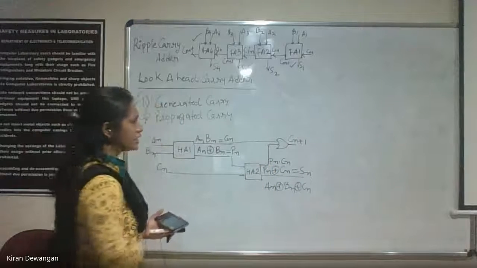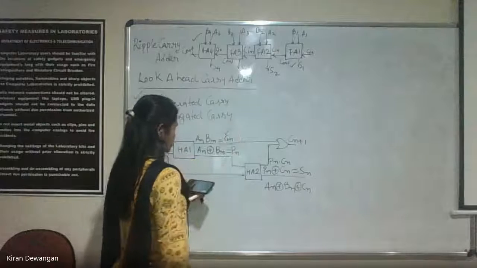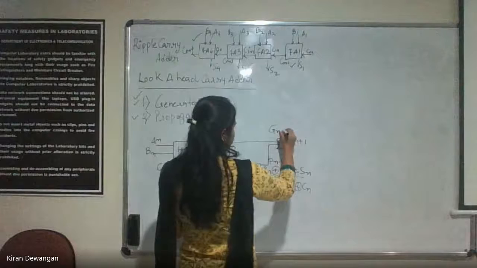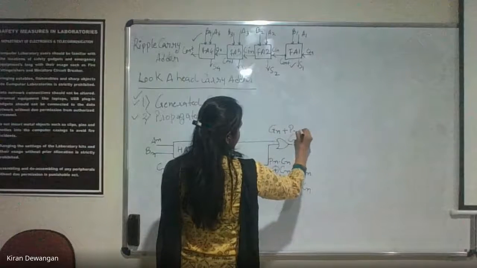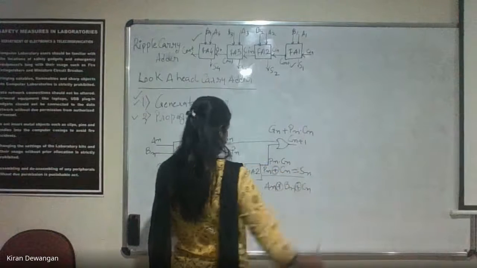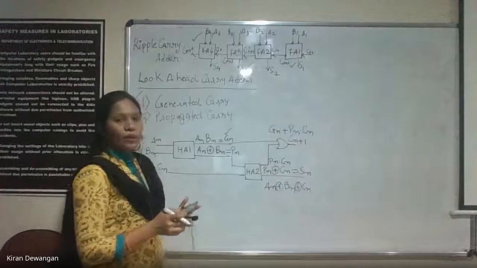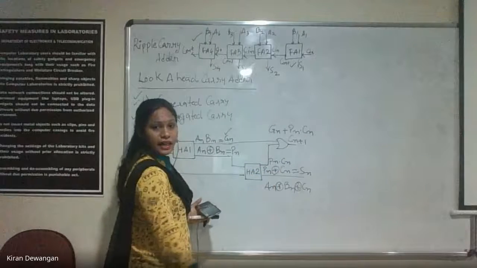And what is it? Cn plus 1 is, from here we get Gn plus Pn dot Cn. Clear? So this is how we'll be having the final output Cn plus 1.